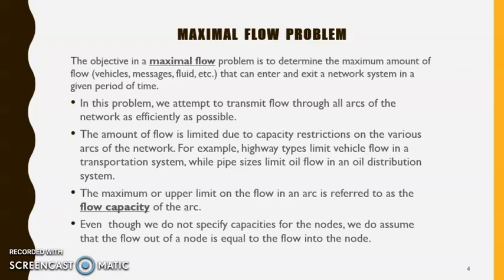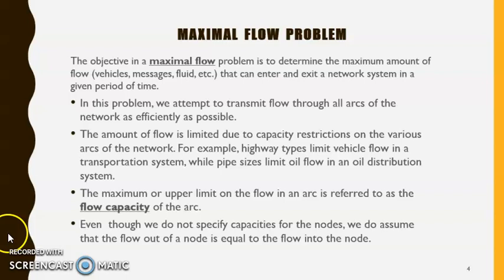Even though we do not specify capacities for the nodes, we do assume that the flow out of a node is equal to the flow into the node. Just let me give you a hint about this. Sometimes in the real world, when electricity is passing a node, some of it may be lost.